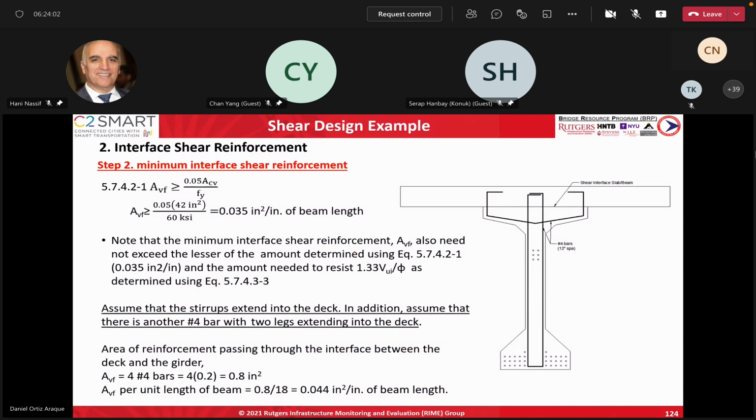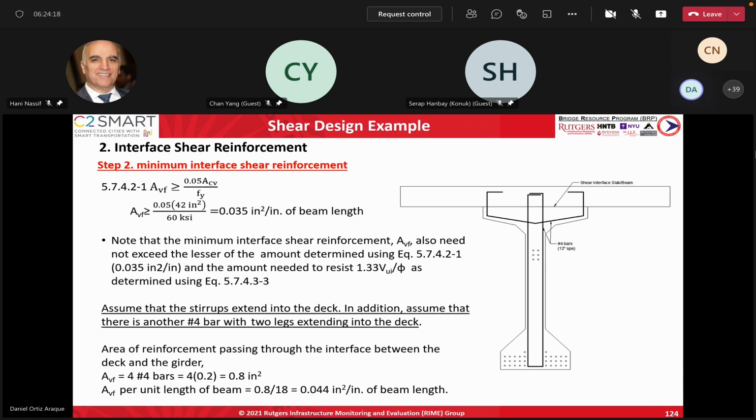So first, we need to know what's the minimum interface shear reinforcement. We use the following equation, where Avf is the cross-sectional area of the interface shear reinforcement crossing the interface area.